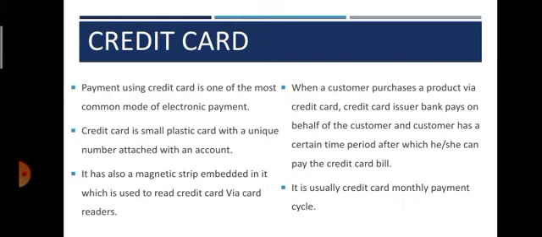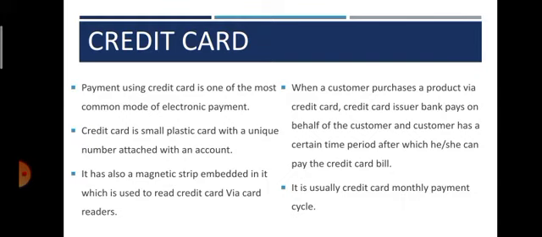When a customer purchases a product via credit card, the issuer bank pays on behalf of the customer, and the customer has a certain time period after which he or she can pay the credit card bill. It is usually a monthly payment cycle. So let us now discuss in detail what a credit card is.